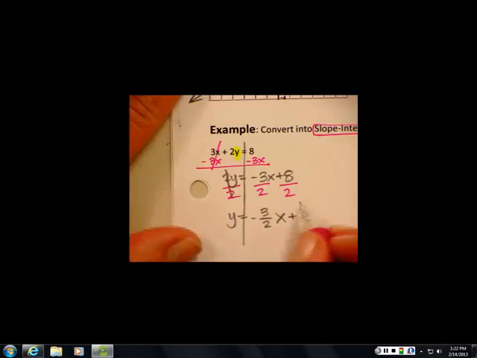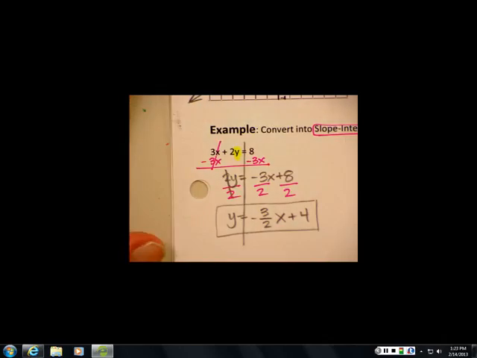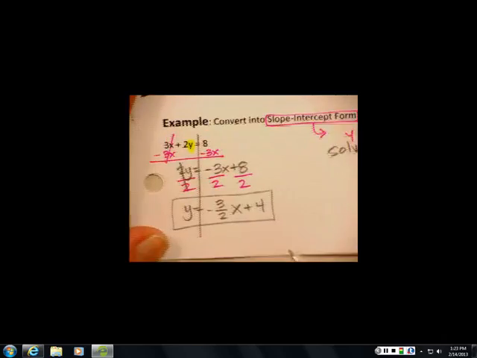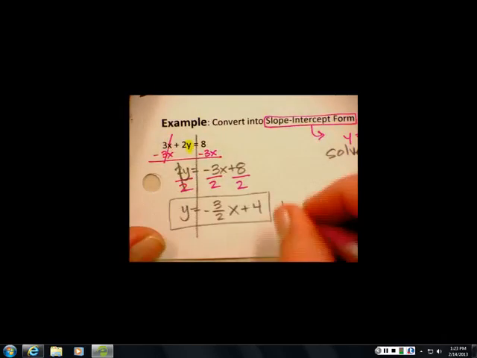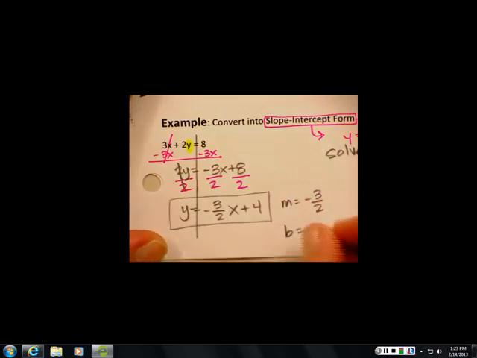Now that's a heck of a lot better, isn't it? That's my equation in slope-intercept form. And I can very easily identify my slope as negative 3/2 and my y-intercept as positive 4.